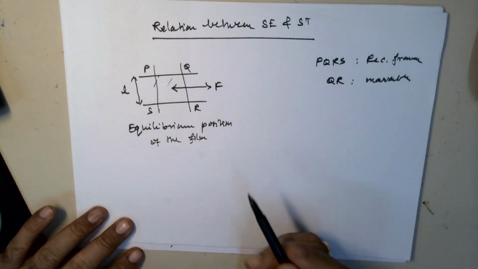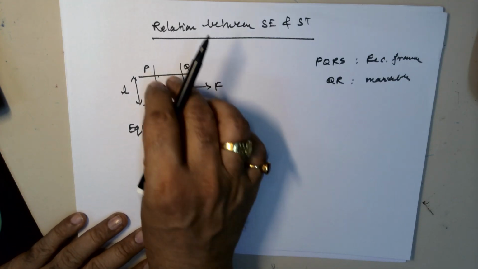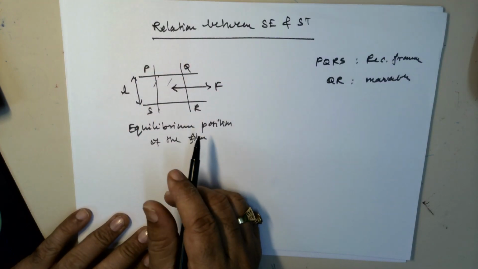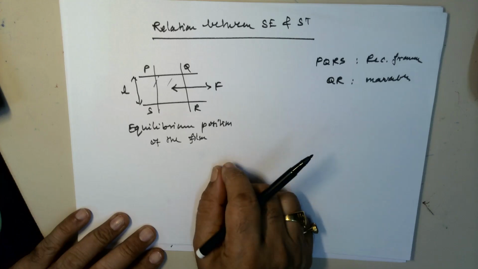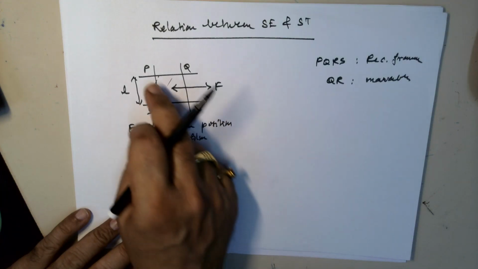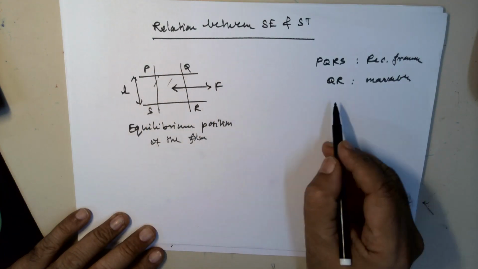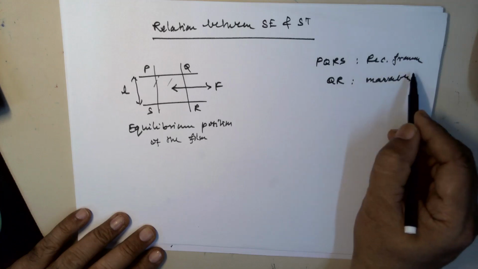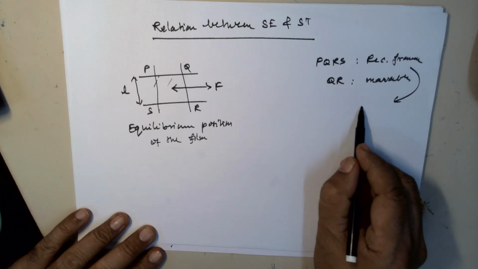So a soap film is formed within this frame, like you used to play with a soap bubble. So this is a rectangular film.